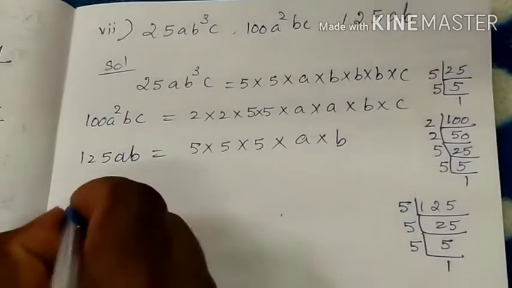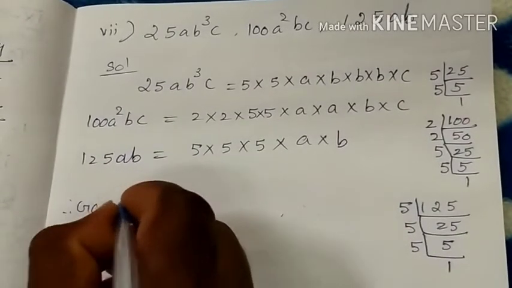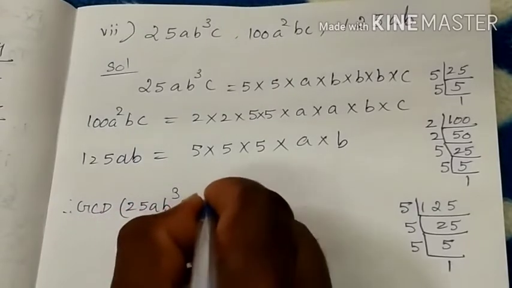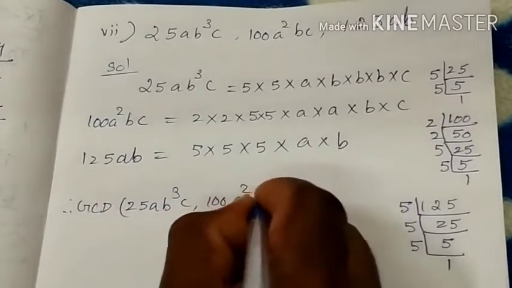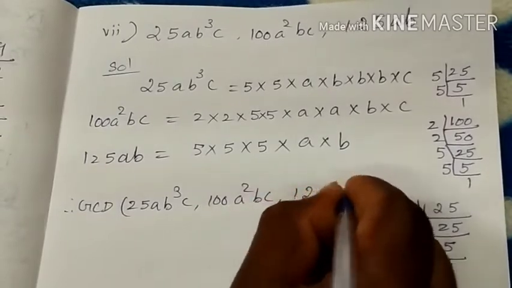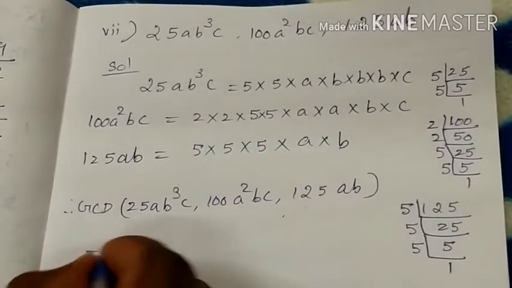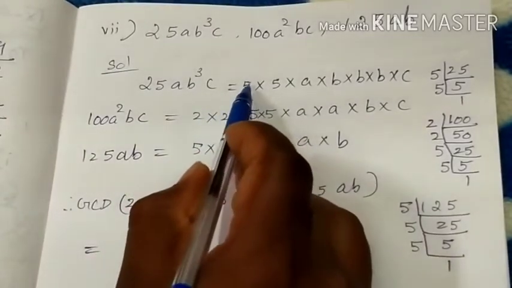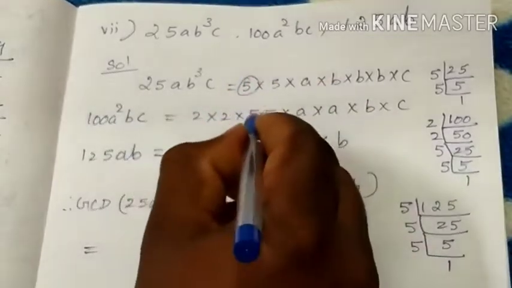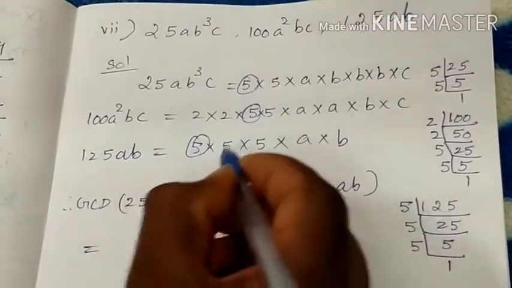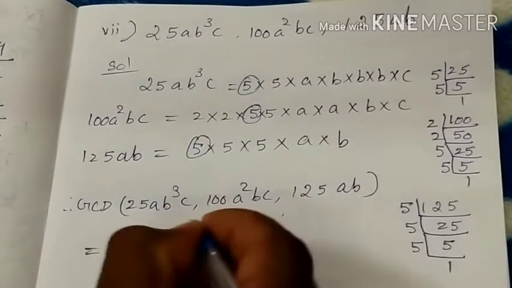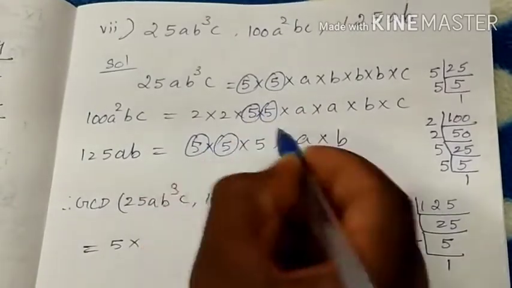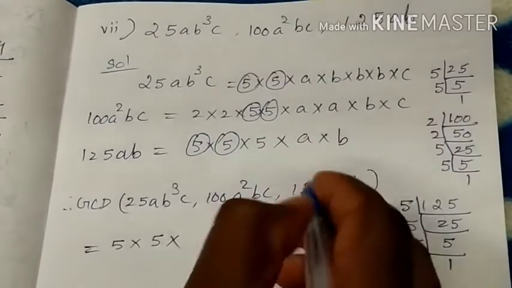Okay, therefore GCD of 25 a b cubed c, 100 a squared b c, 125 a b equals: the common terms, let's consider 5, then here also 5, then 5, so 5 is the common factor. Then consider another 5, it is the common factor.